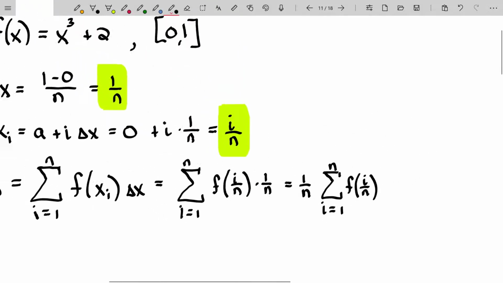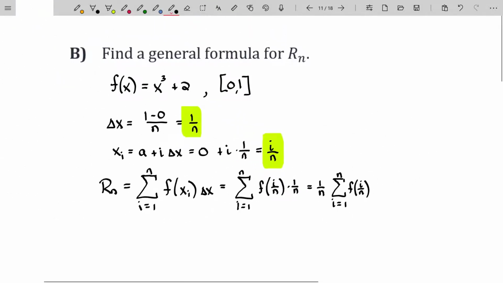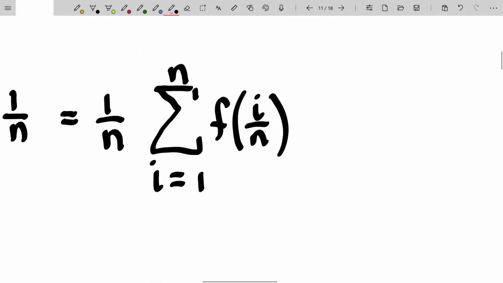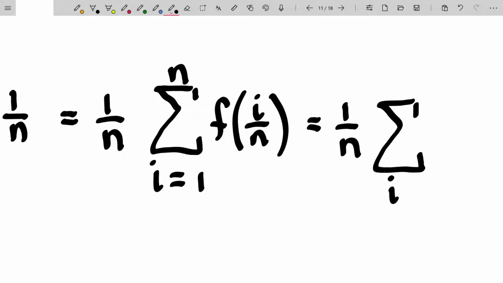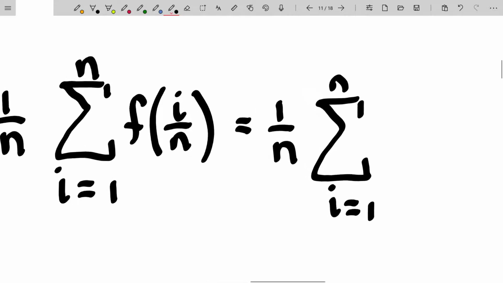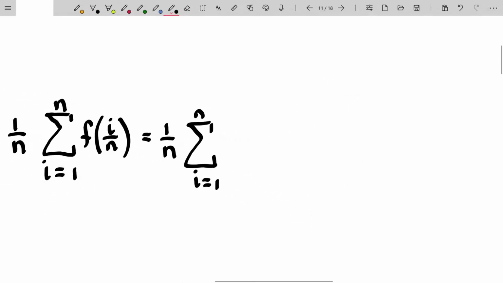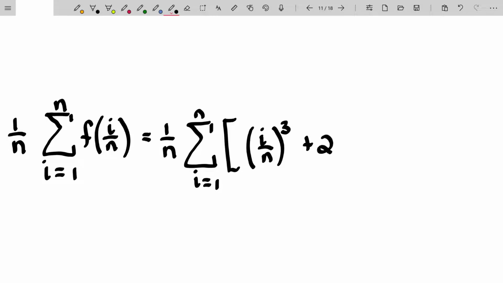But we know what the function f is: it's x cubed plus 2. So this is equal to 1 over n times the summation i equals 1 to n of x cubed plus 2, and x in this case is i over n. So it's i over n cubed, and then plus 2.